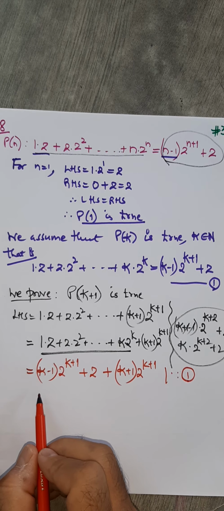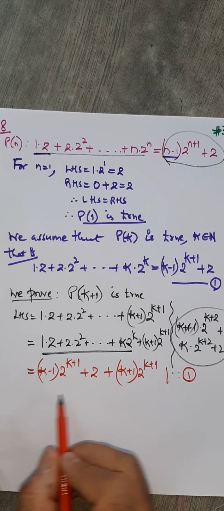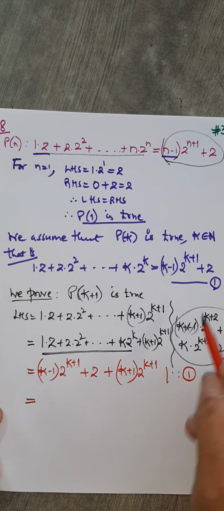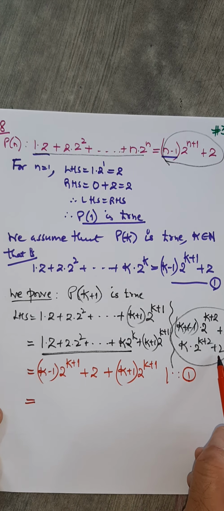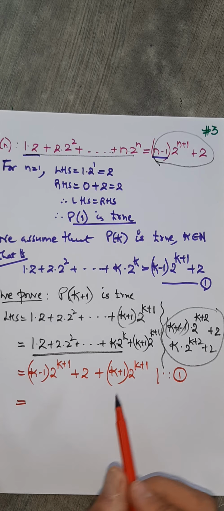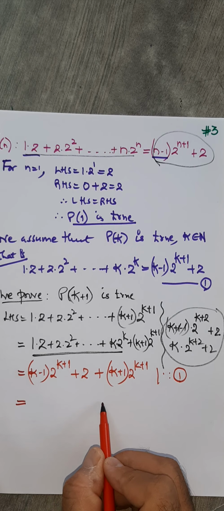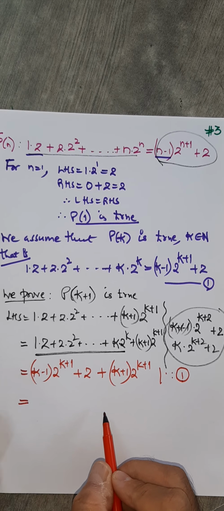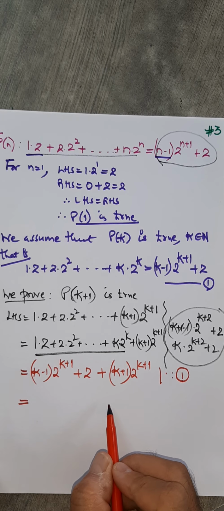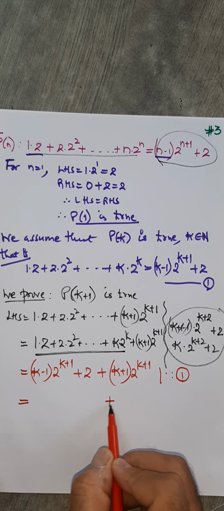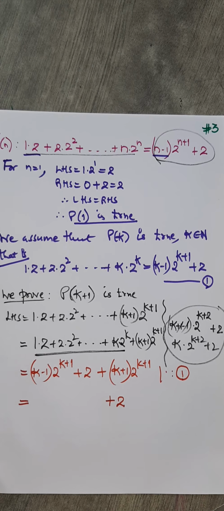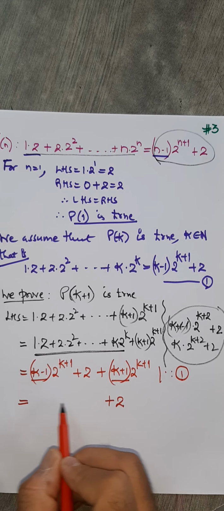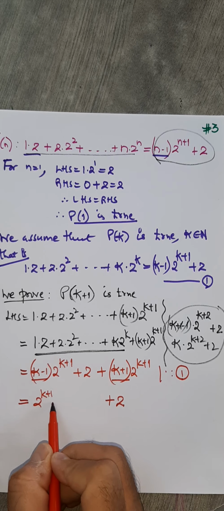Okay, now here we just need to simplify. That plus 2 remains same because on the RHS you need plus 2, as you know here. So we'll do nothing with plus 2 here. So plus 2 as it is here. From these two you take 2 raised to k plus 1 common.